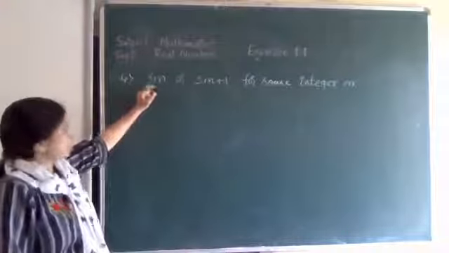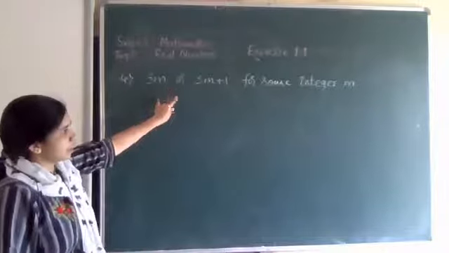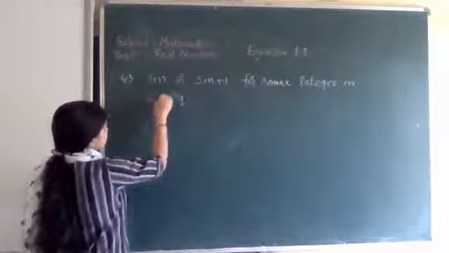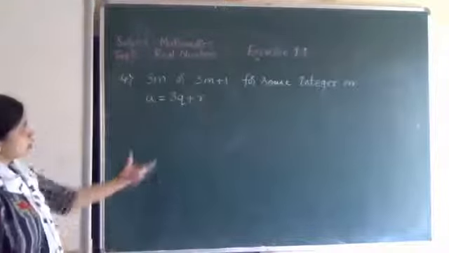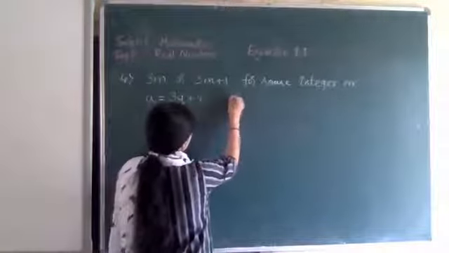Directly we can't take 3m and 3m plus 1. We will take a is equal to 3q plus r, for some positive integer a.